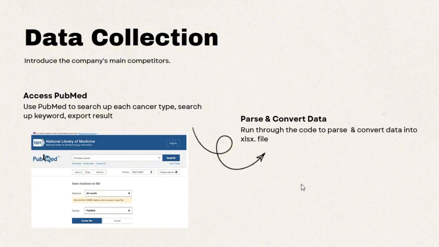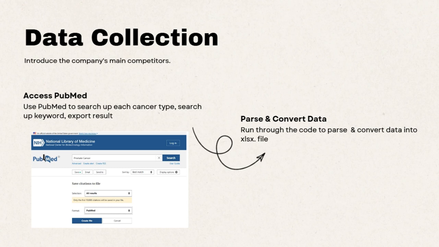Okay, so next we're going to explain the data collection. As we've mentioned before, we take the rankings of the top 10 most prevalent cancers found in men from the World Cancer Research Fund, and then we access PubMed.